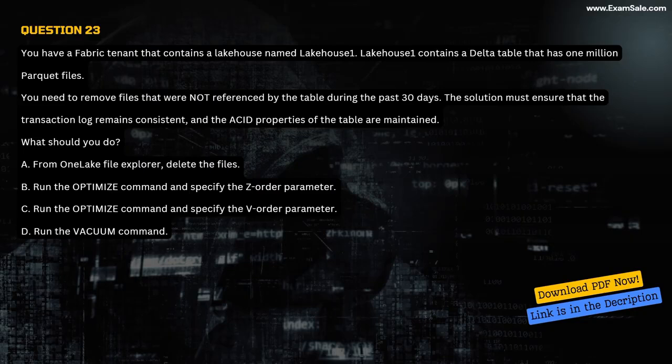A. From OneLake File Explorer, delete the files. B. Run the optimize command and specify the zorder parameter. C. Run the optimize command and specify the vorder parameter. D. Run the vacuum command. Correct answer D. Run the vacuum command.